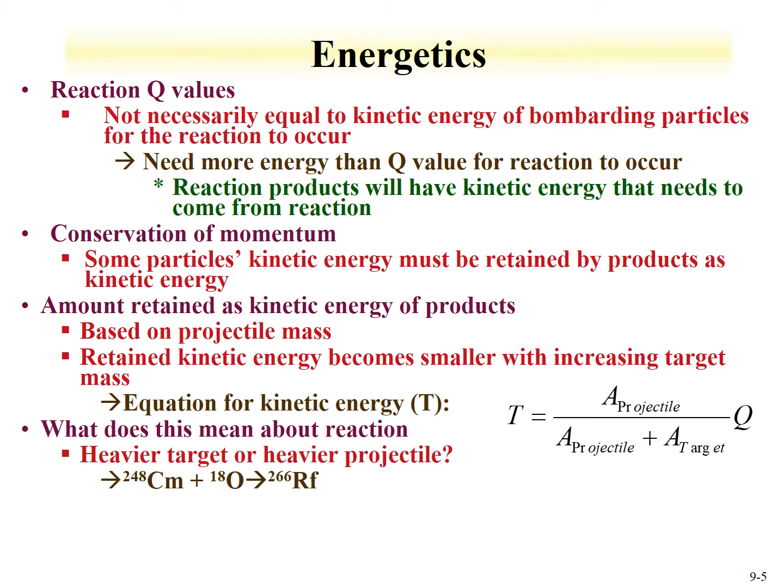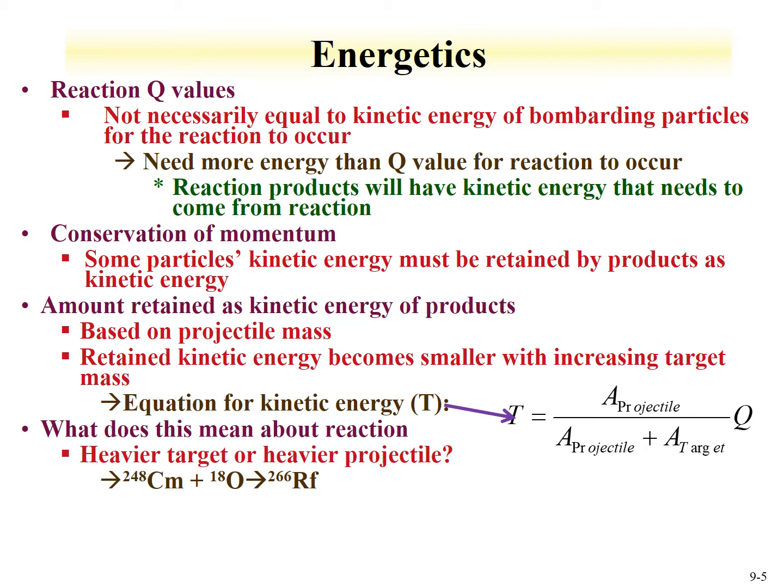The retained kinetic energy becomes smaller as the target mass increases, with the equation that's listed here, where I take the Q value and multiply it by the mass of the projectile divided by the mass of the projectile plus the mass of the target. I'll get the equation for the kinetic energy that's necessary for the reaction.